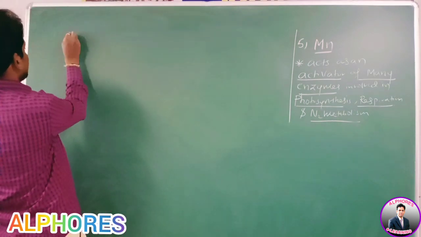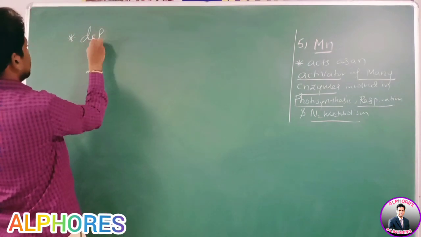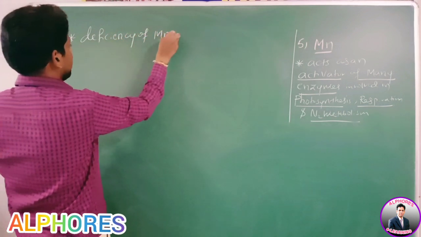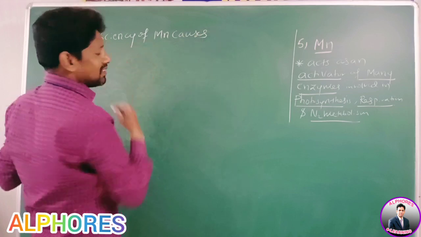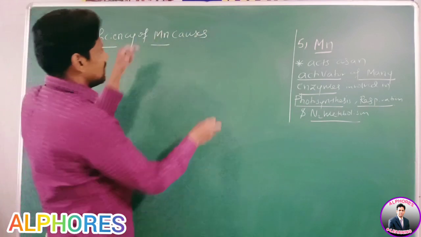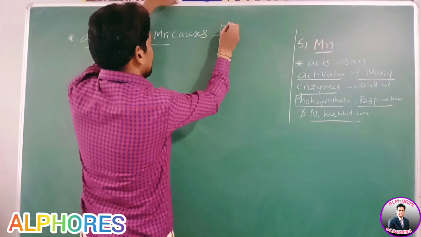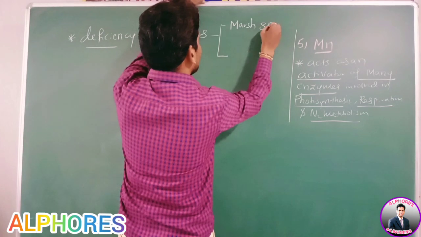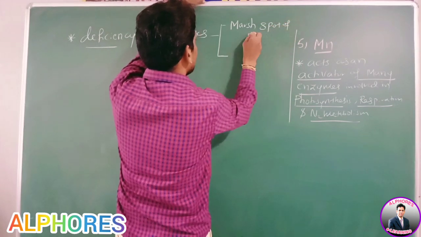Deficiency of manganese. It means in a plant, if manganese is deficient, what does it cause? It causes two diseases. Number one, marsh spot of pea.